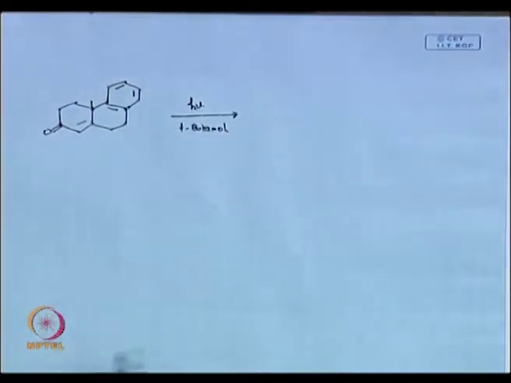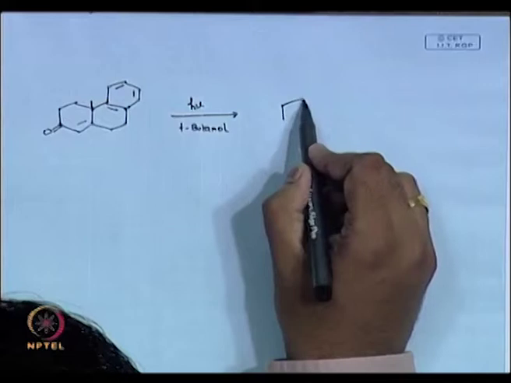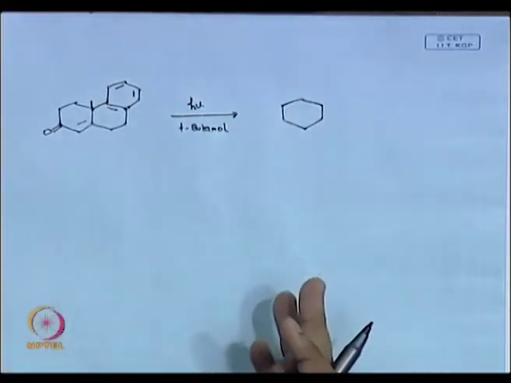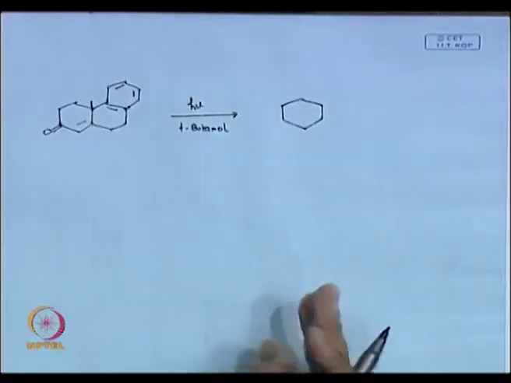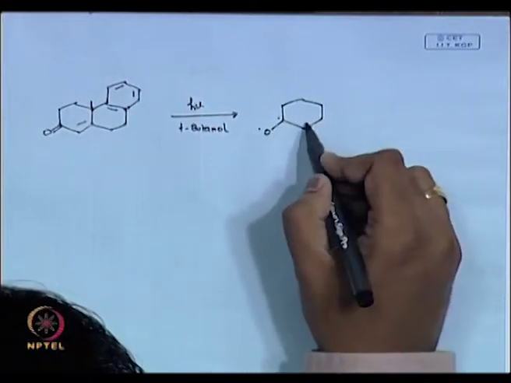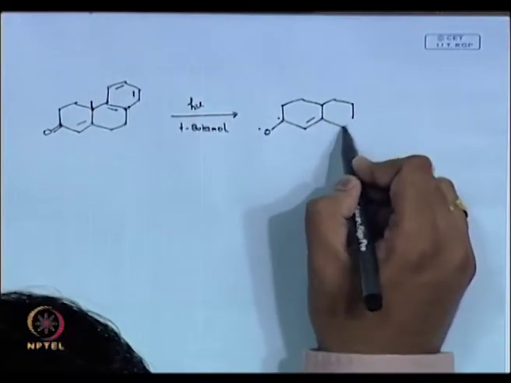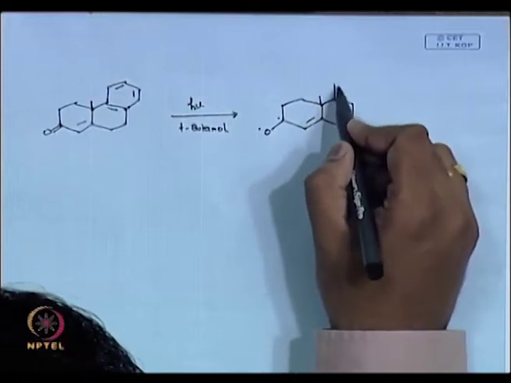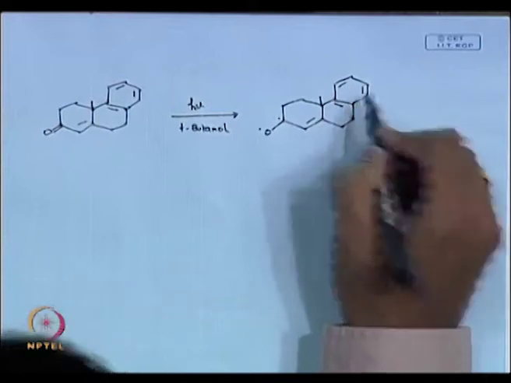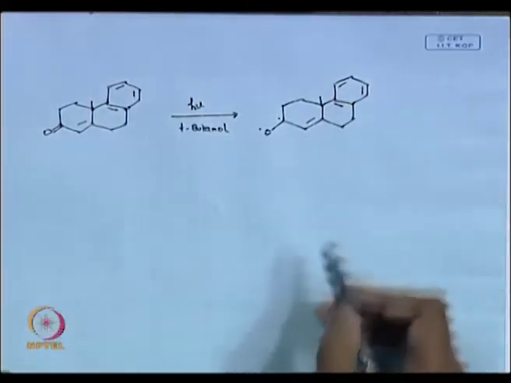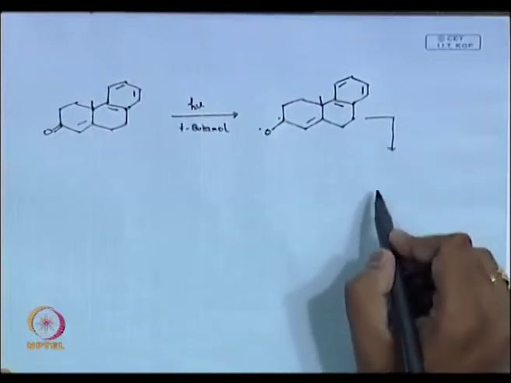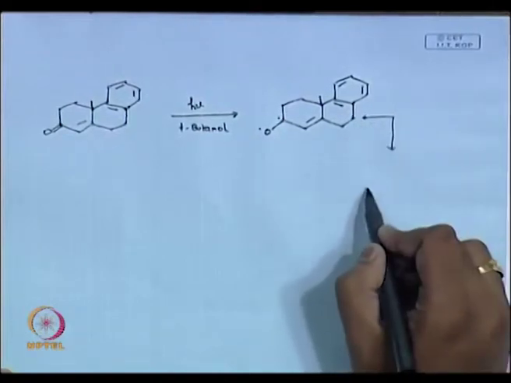So, once I photolyze this, it goes to singlet, undergoes intersystem crossing, then you get a triplet, and I can write both the forms of this.